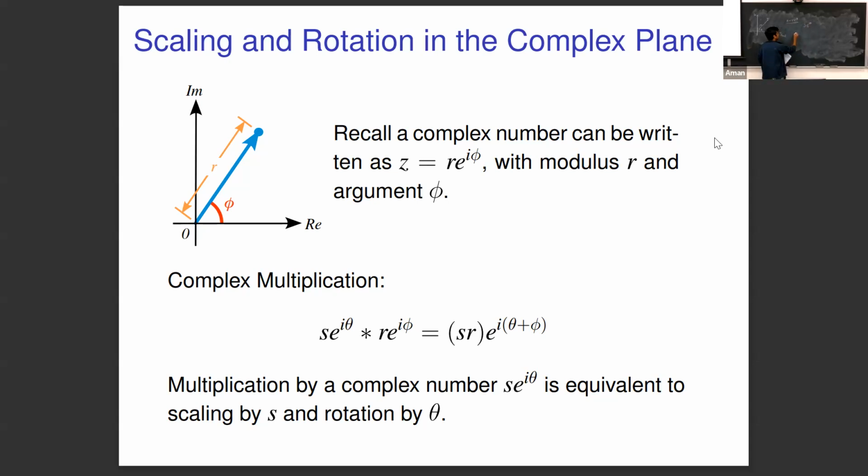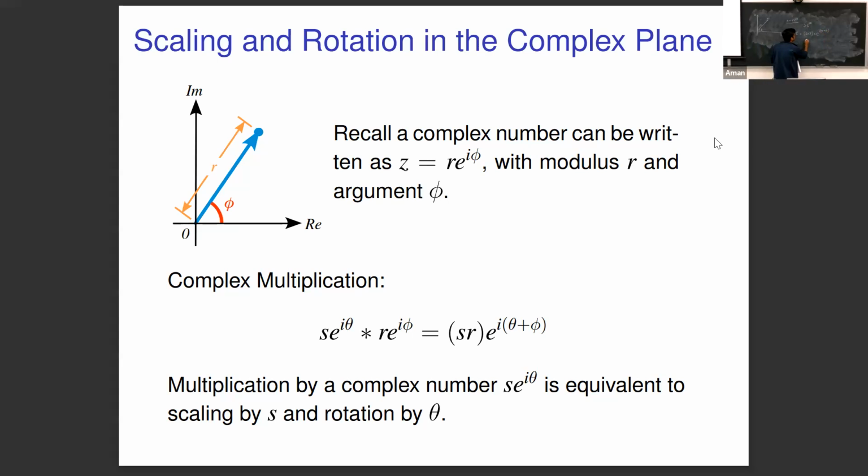what will happen is that you will get a new point z prime, which is equal to s times r times e to the power i theta plus phi, right? It's just complex math.